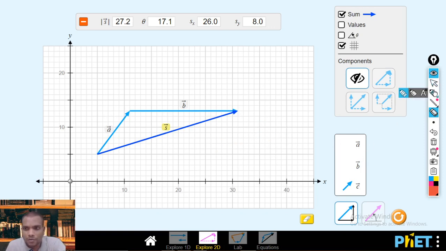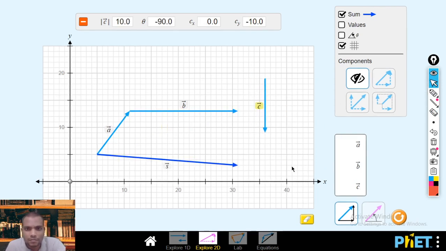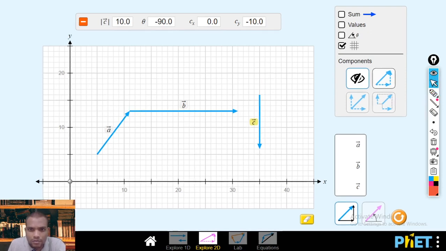Suppose I take one more vector. Here I have one more option, so let me take the vector c. If I take out the sum for a moment, what could be the resultant? This third vector c we need to bring here.